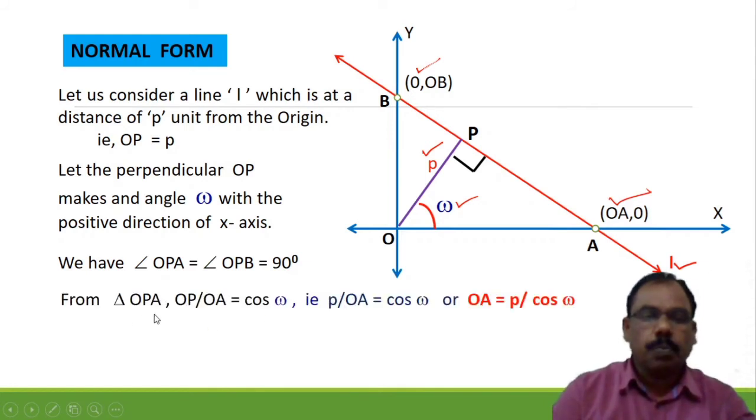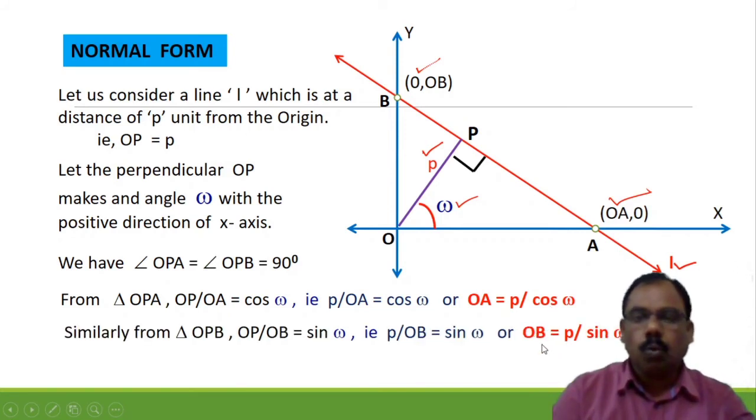From triangle OPA, we have OP divided by OA is equal to cos omega, or p by OA is equal to cos omega. We write OA is equal to p by cos omega. Similarly, we write OB is equal to p by sin omega.